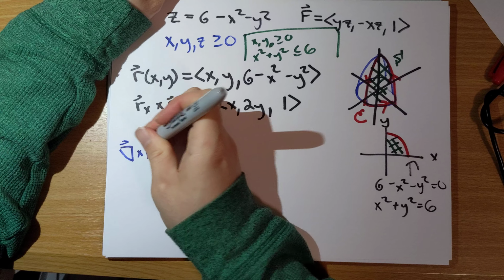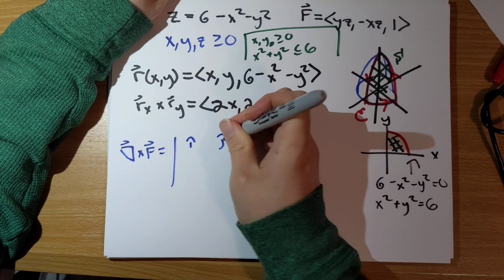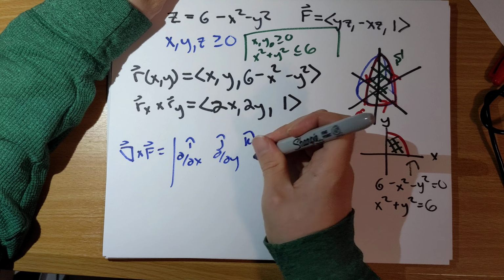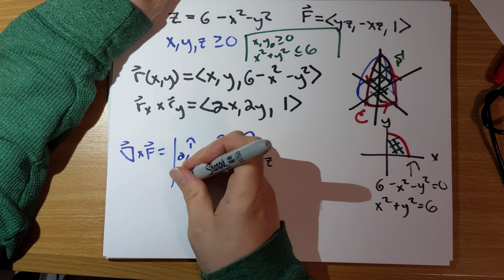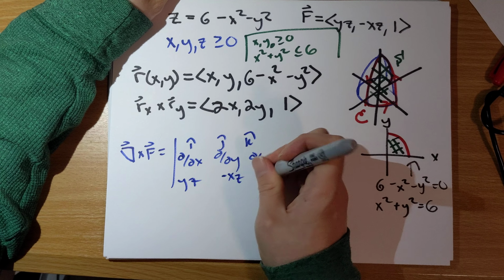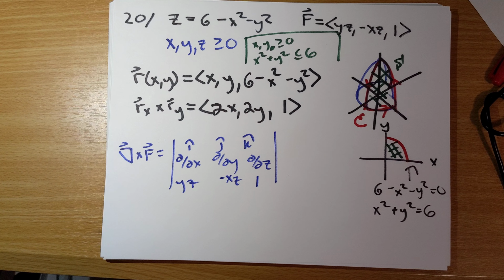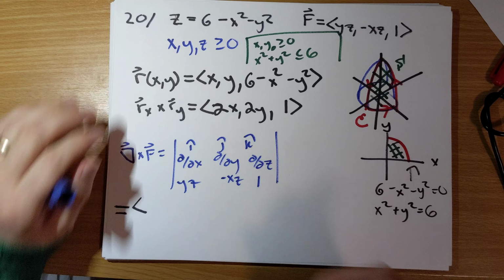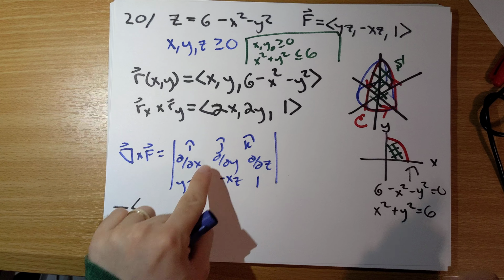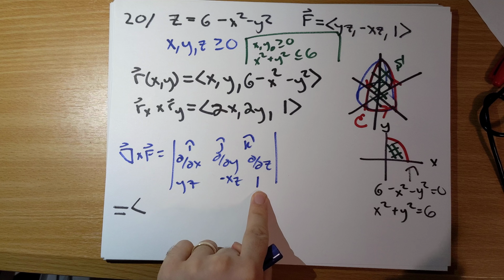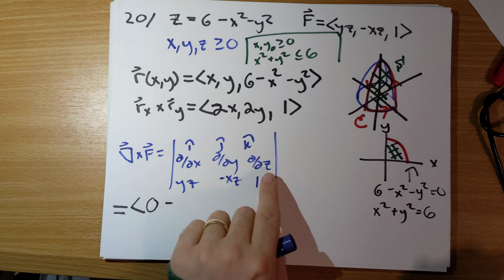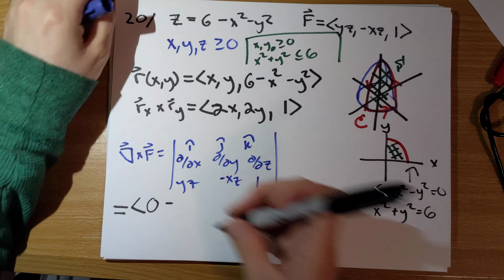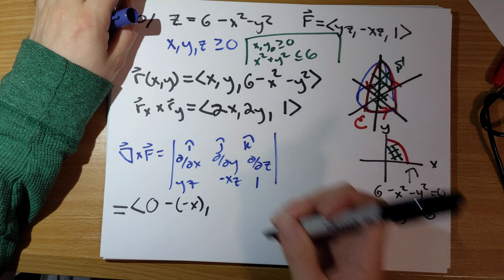Okay, curl of F: i hat, j hat, k hat, d by dx, d by dy, d by dz, yz, negative xz, and 1. So what do we end up with? The i hat component is the partial derivative with respect to y of 1, that's 0, minus the partial derivative with respect to z of negative xz, so that's negative x.